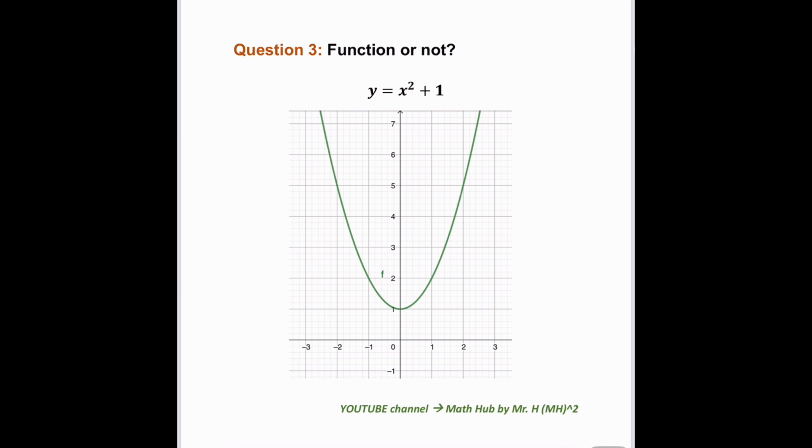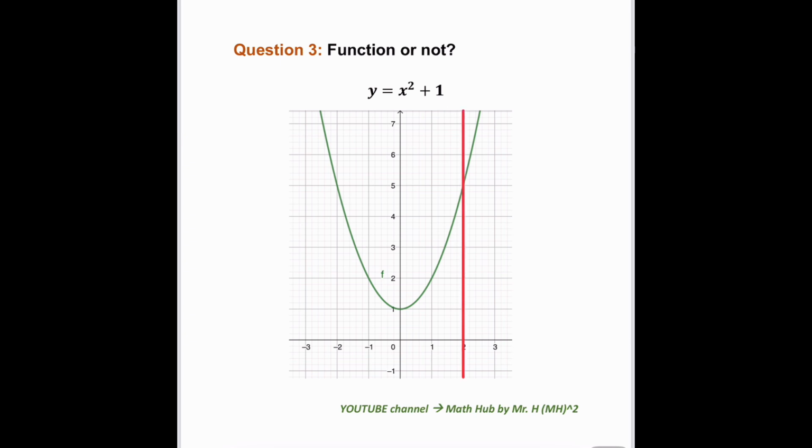This is a parabola. So that is the graph of y equals x squared plus 1. And we need to identify if this graph is a function or not by applying, again, the vertical line test. So draw a vertical line anywhere as long as it passes through the graph here.